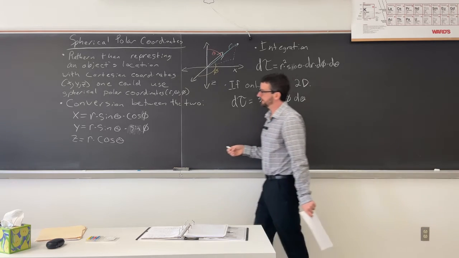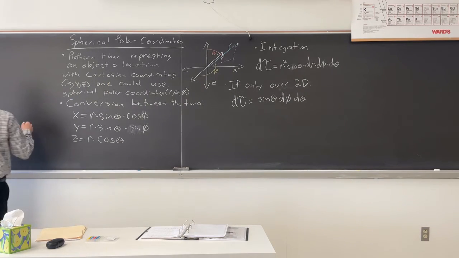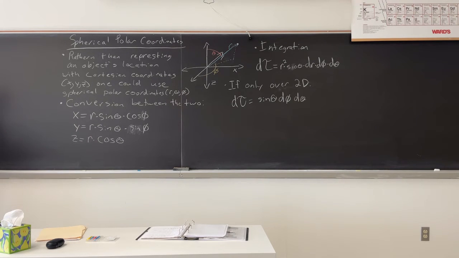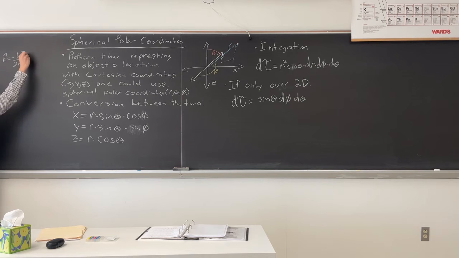Okay. If we think about the Hamiltonian, we always have to worry about the kinetic energy operator. What's the kinetic energy operator for a 1D system? Negative h bar squared over what? 2m times the second derivative with respect to x.